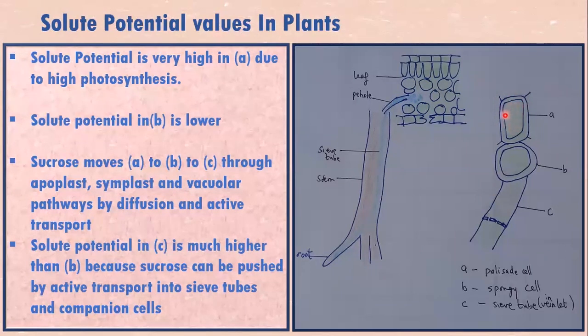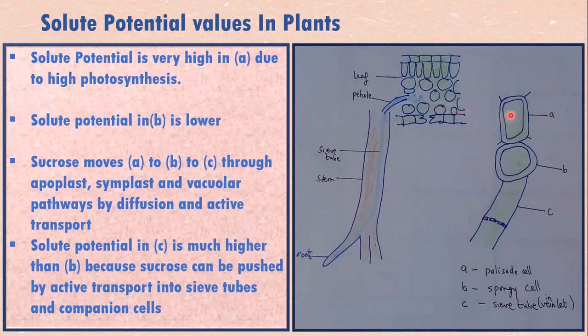So photosynthesis will be highest in the palisade cells, making glucose and being turned into sucrose, which is temporarily stored in vacuoles in the palisade cells. And this sucrose will move from the palisade cells into the spongy cells, and move into the veins, specifically into the sieve tubes and companion cells here.